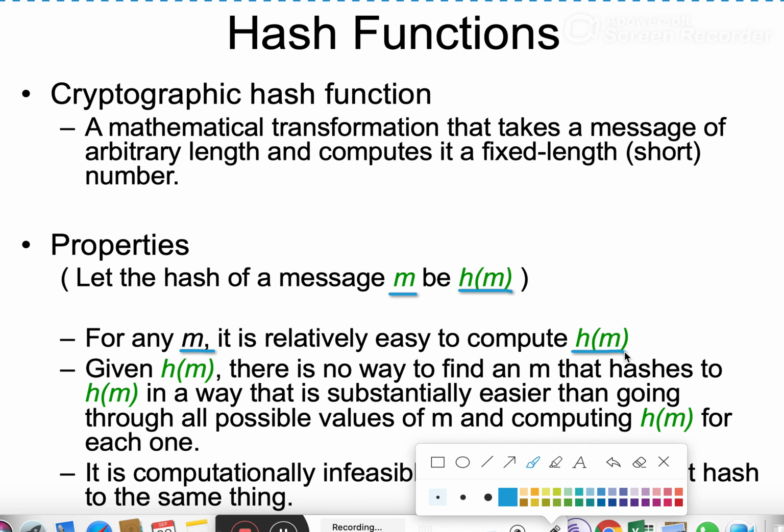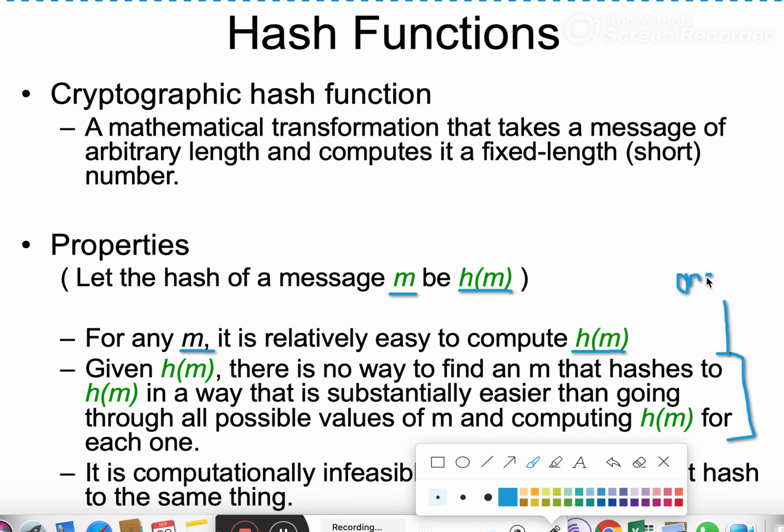Second property is, if you have the hash of a message, then there is no way to find m that hashes to h of m in a way that is substantially easier than going through all possible values of m and computing h of m for each one. This second property is also called the one-way property.